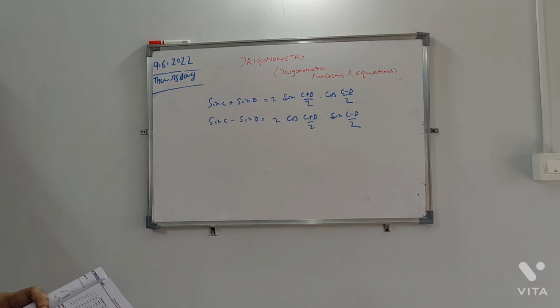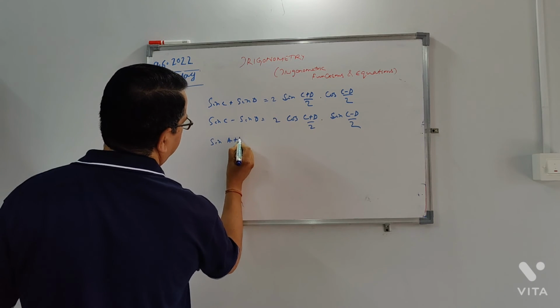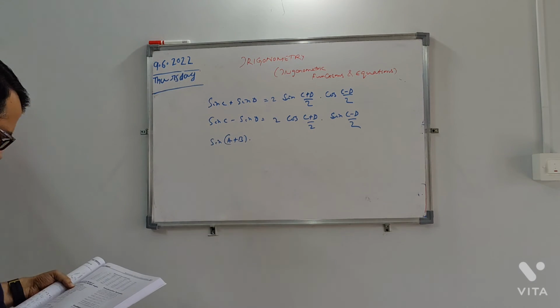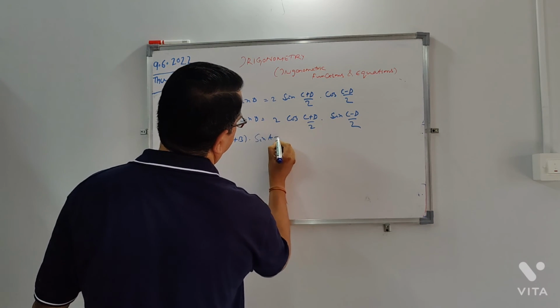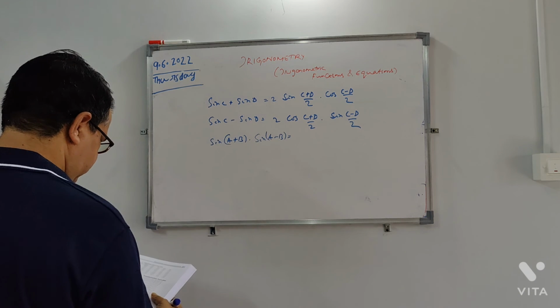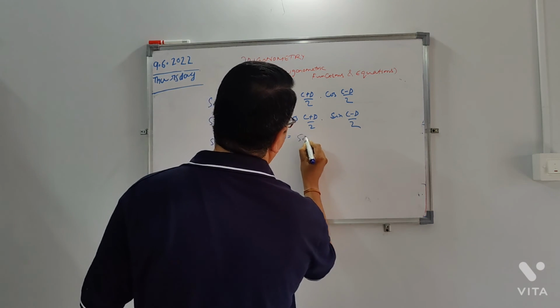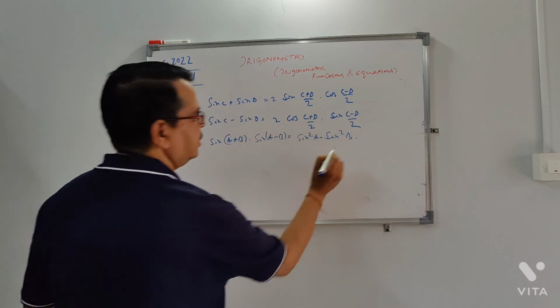Another formula is sine A plus B into sine A minus B, which is equal to sine square A minus sine square B. That you have to remember. This is important.